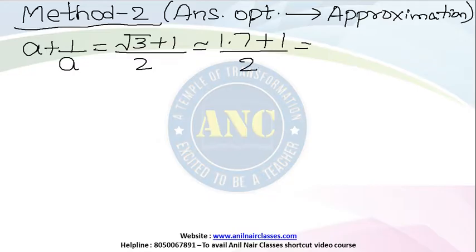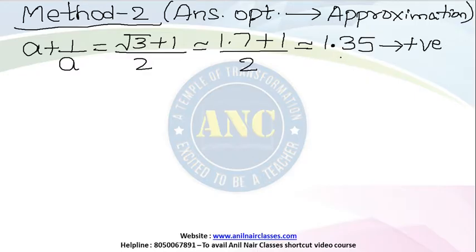So, 2.7 by 2. 2.7 by 2 is nothing but 1.35. That means a plus 1 by a is approximately 1.35. Let me keep this, right? First observation is 1.35 is a positive value.